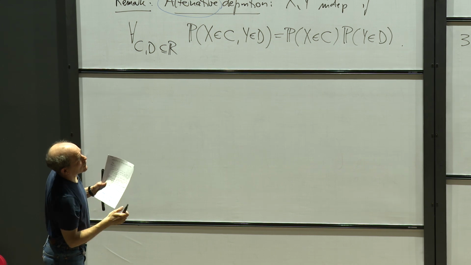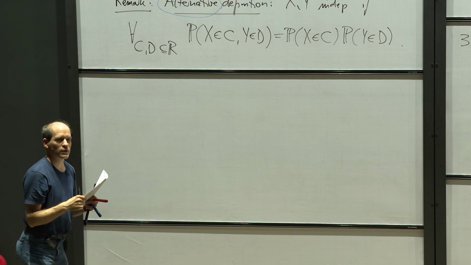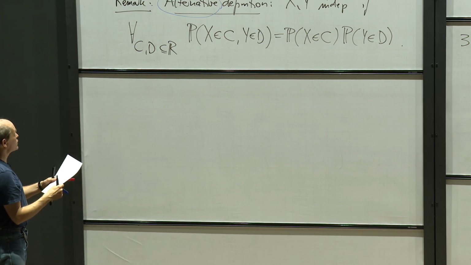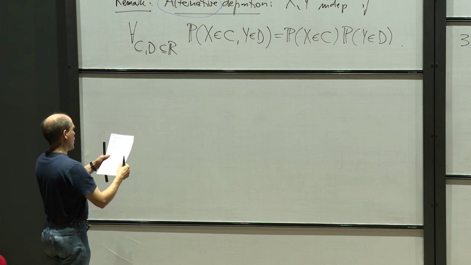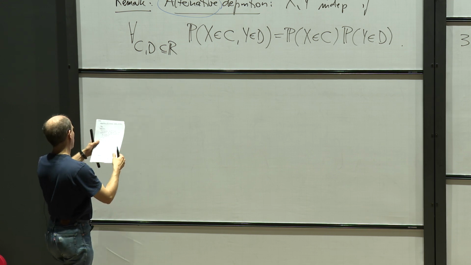So what else? Independence for two random variables is on the board. Now let's look at independence of any collection of random variables.